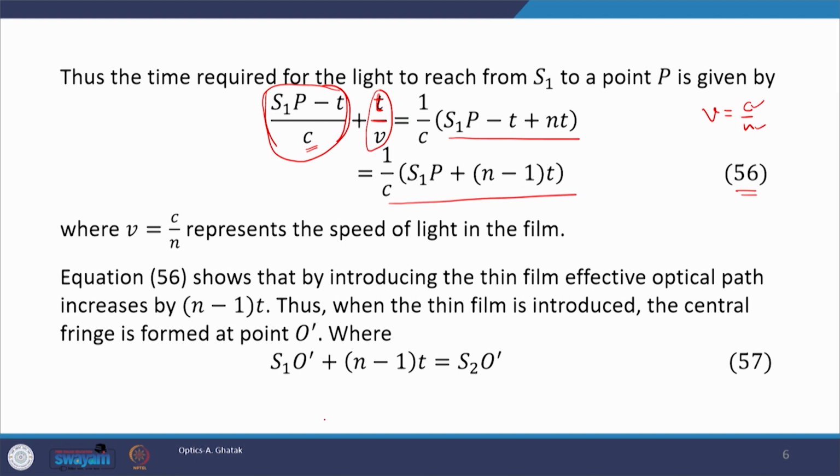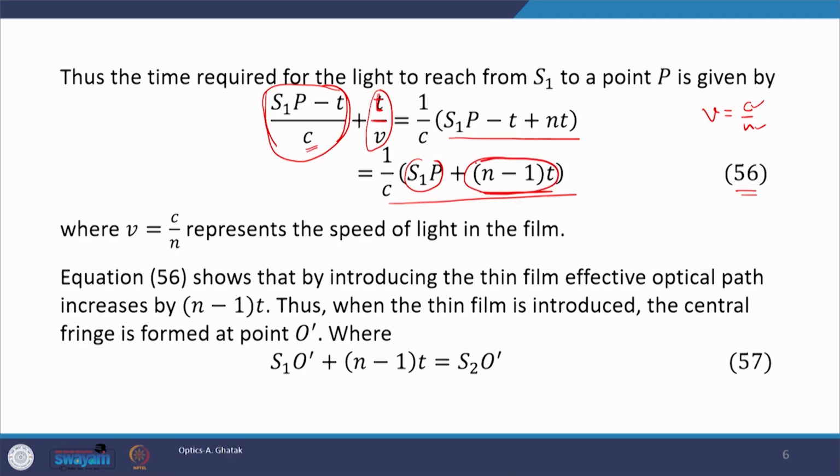Now, we see that had there been no film, then S1P by C would have been the time which the ray must have taken while travelling the path.